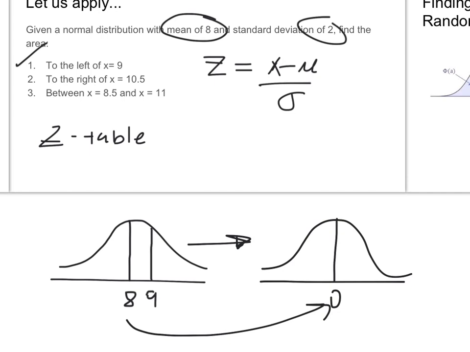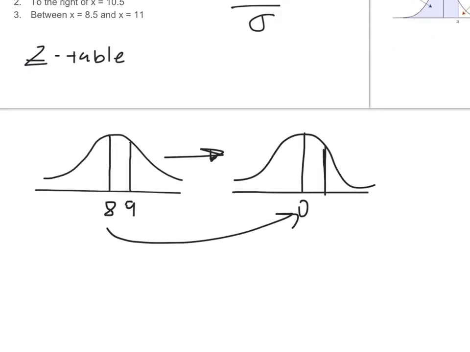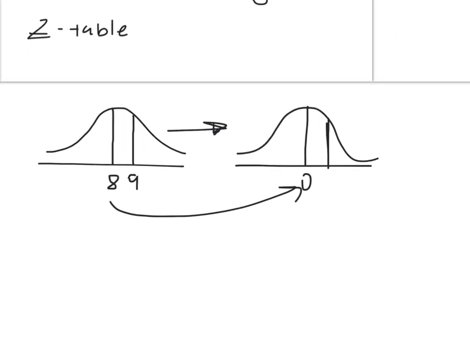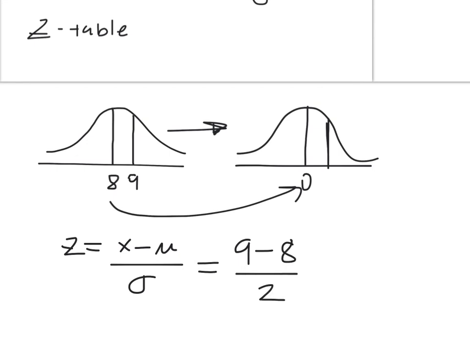So what is 9 in the standard normal distribution? We can find the corresponding z-score of 9 by using z equals x minus mu over the standard deviation. That is 9, our x, minus 8, divided by 2.